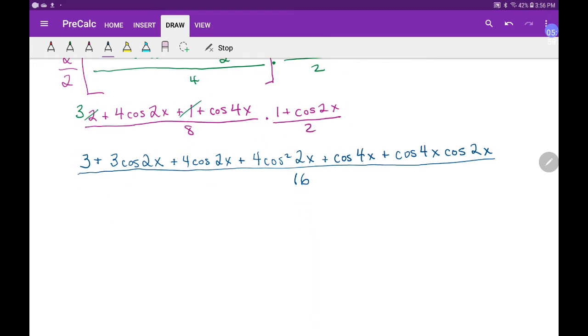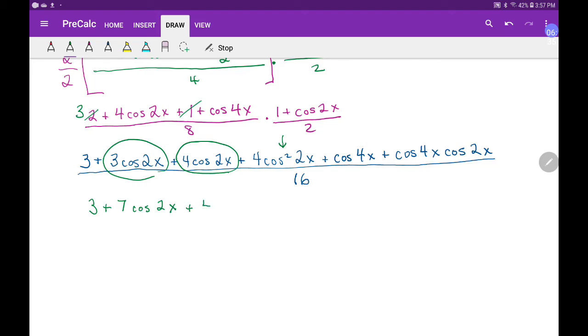So let's see. What do we have here? I can put this together with this, and I'm going to have to fix that. The 4x, I could factor that out, I guess, but let's go ahead. Let's say 3 plus 7 cosine 2x. And then, while I'm rewriting this, I might as well go ahead and fix it.